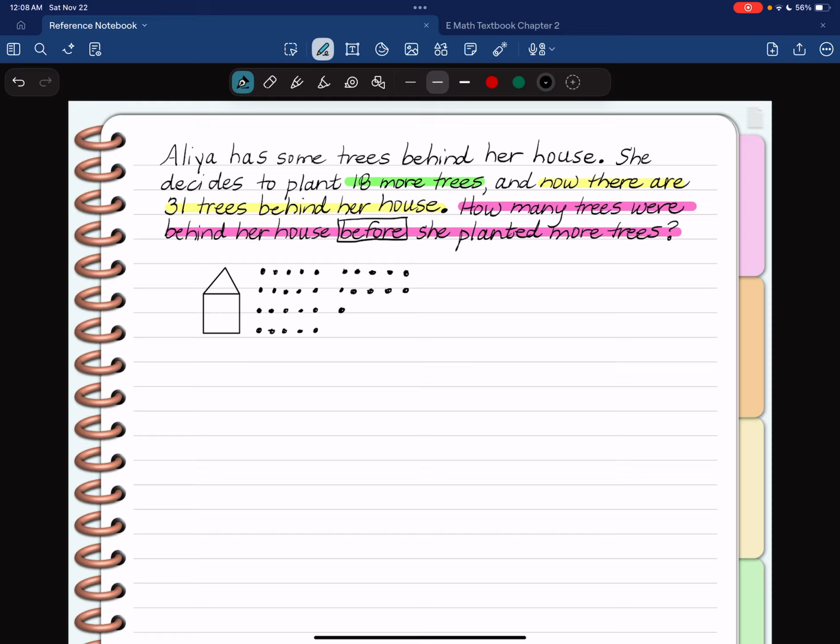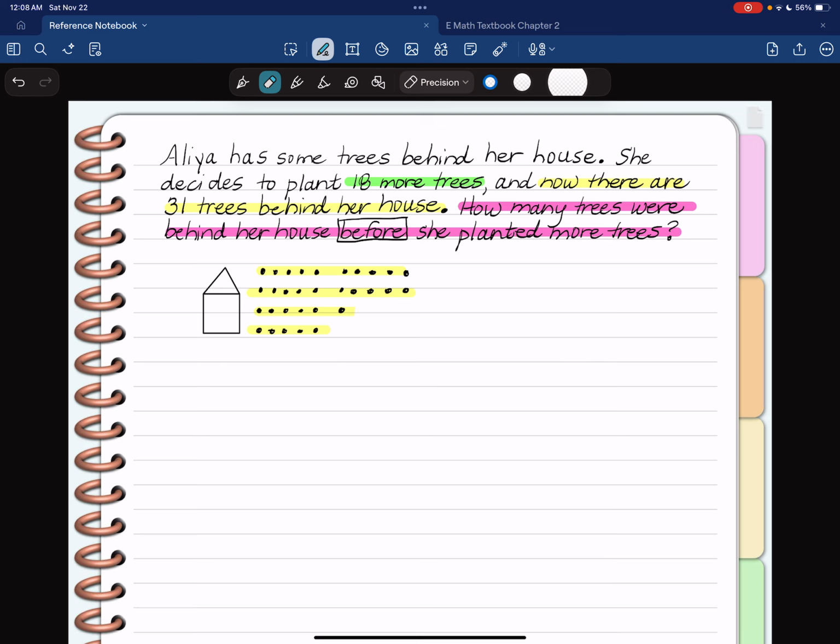So that's the total number of trees that are there now. There's nothing that says your model has to be a bar model. Sketches are awesome to help you visualize what you're doing.